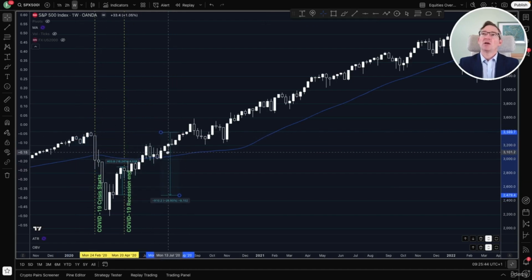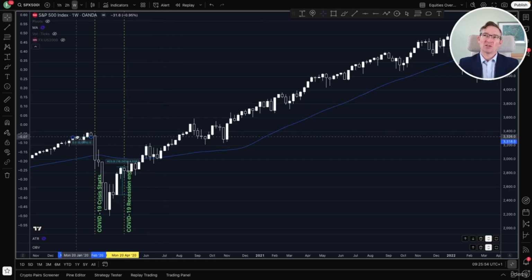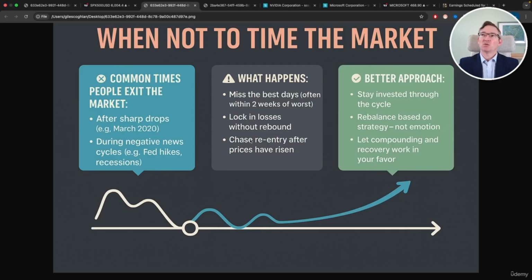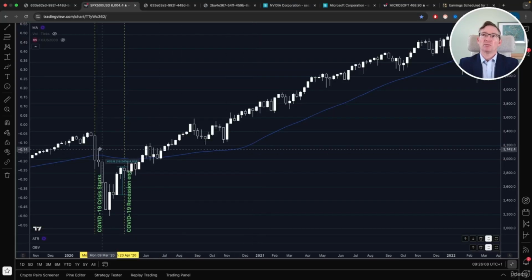But you locked in a 27% loss, and then you're starting from here 27% down. Do you see? All you've done is gone back to where you started, and you've got a 27% realized loss, so you've got much less capital to use up here. That is what it means to chase re-entry after prices have risen. It would have been much better.